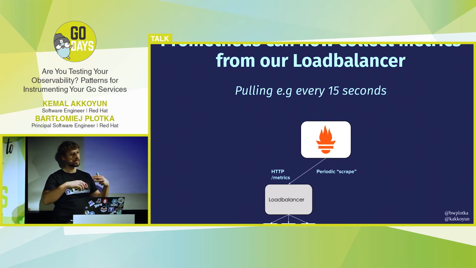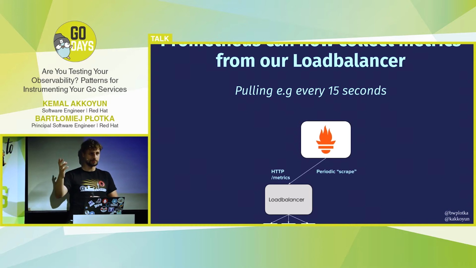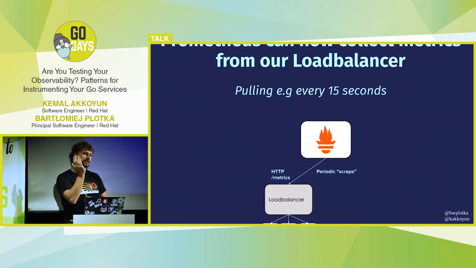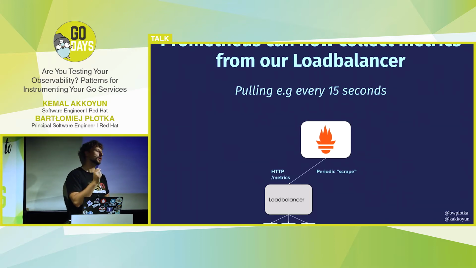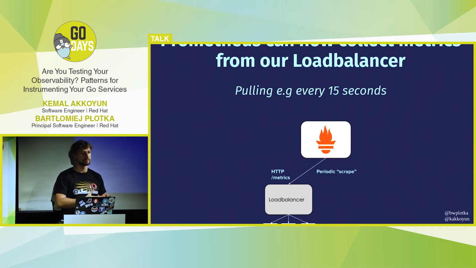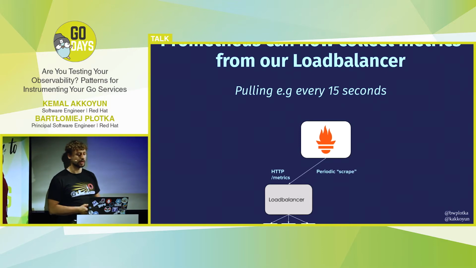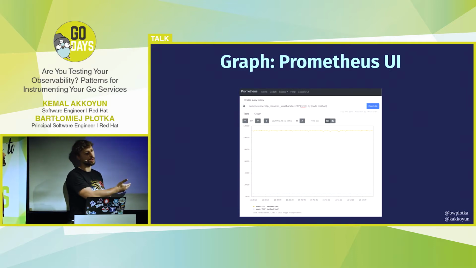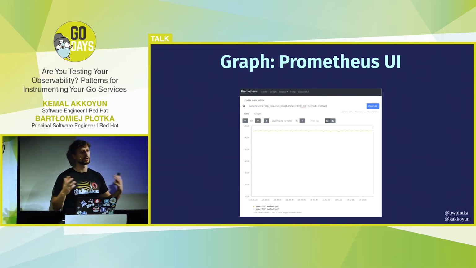Now, what is happening is that when you run a separate Prometheus binary, you point this Prometheus to your load balancer's /metrics page, and it will periodically scrape, so collect, those metrics every configured interval, for example, 50 seconds. It will store those samples, and when you visit the Prometheus UI, you can query that data over time.